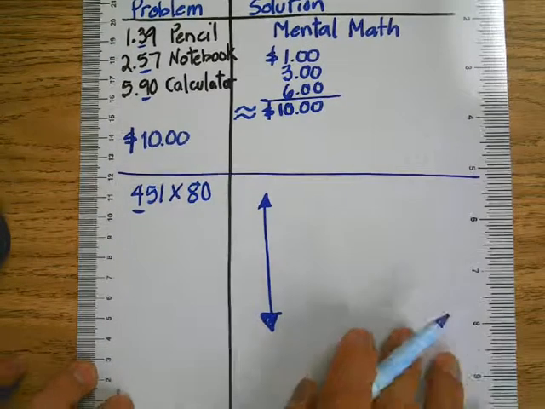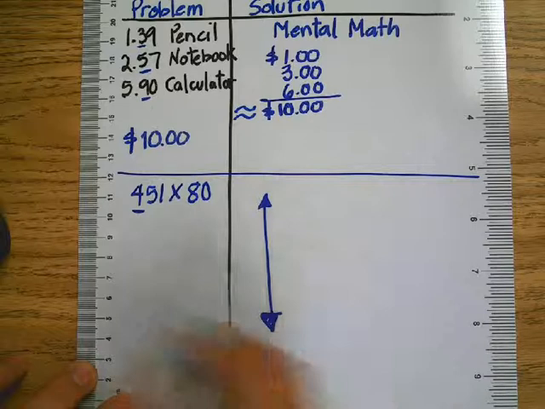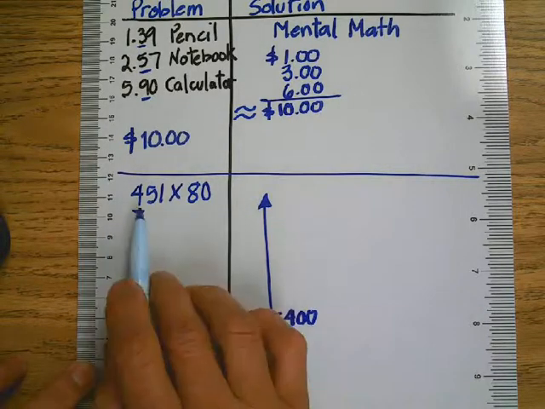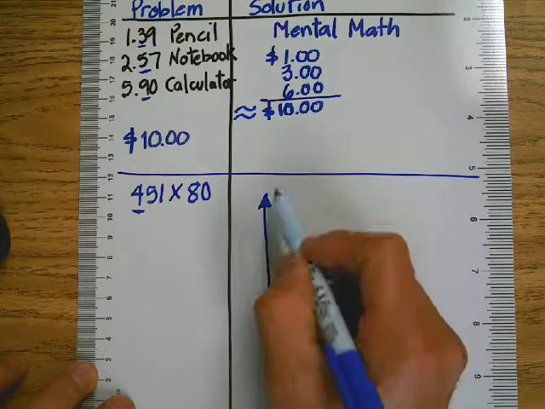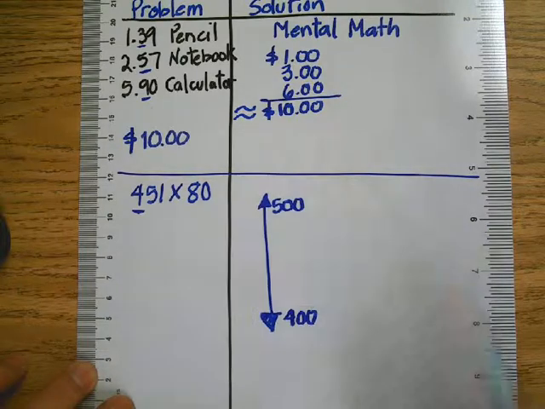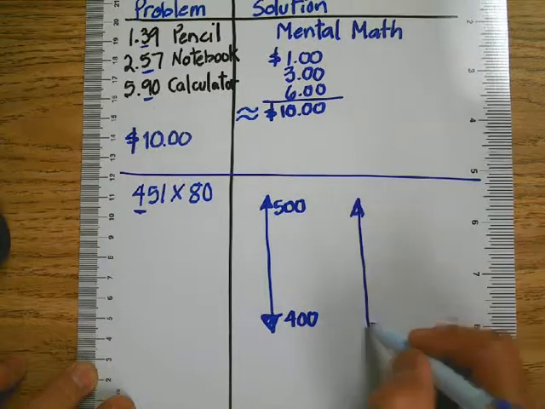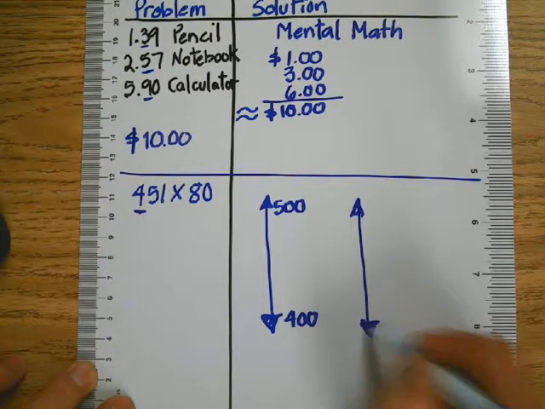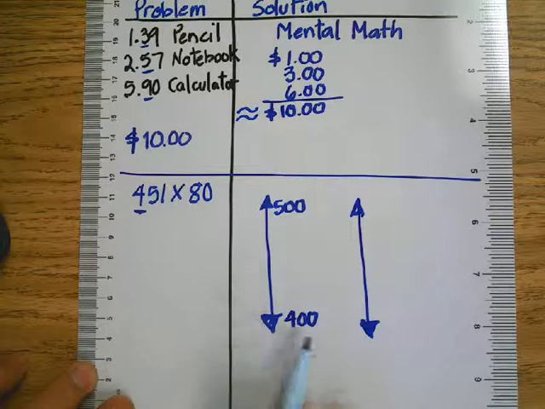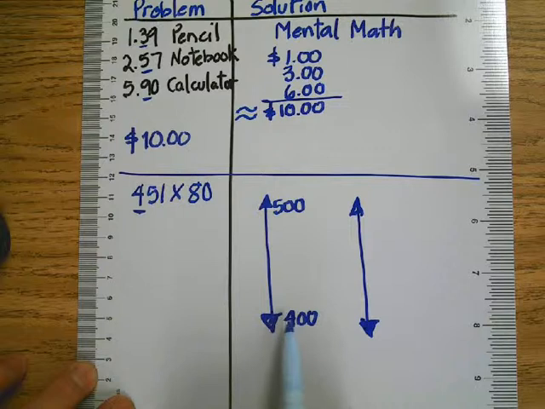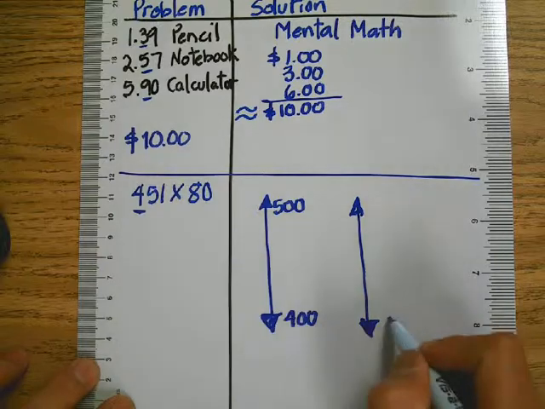It's called rounding. The number 451 is in between 400 and the next one, 500. We cannot say it is between 500 and 600, and also we cannot say that the number is between 300 and 400. Some students have a hard time with that. So why do you choose 400, Mr. Magna? Well, because the number is between these two numbers.